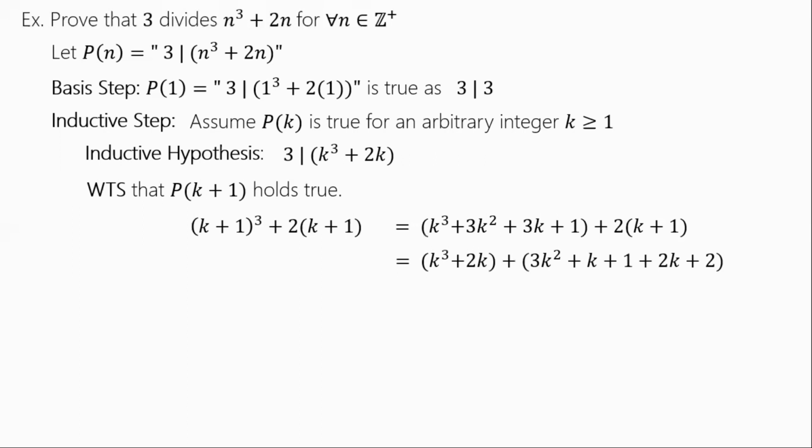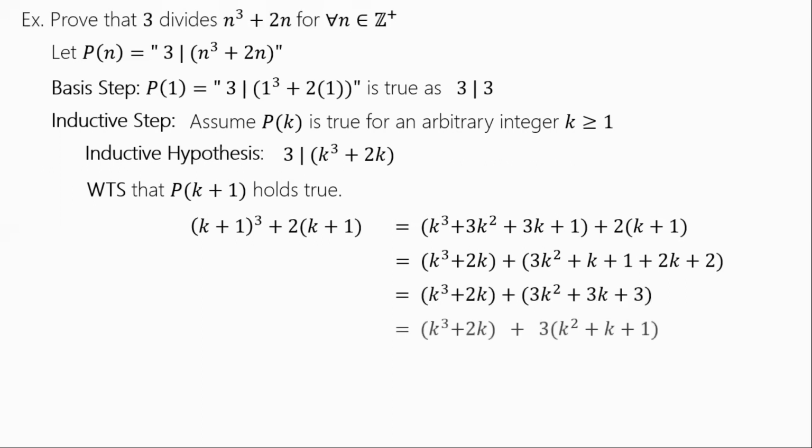So now I can focus on the remaining parts here, the 3k squared plus k plus 1 plus 2k plus 2. Well, group those together. This is 3k squared plus 3k plus 3, factor out a 3. Well, now I'm set because it's easy to see that 3 will divide this. It's a multiple of 3.